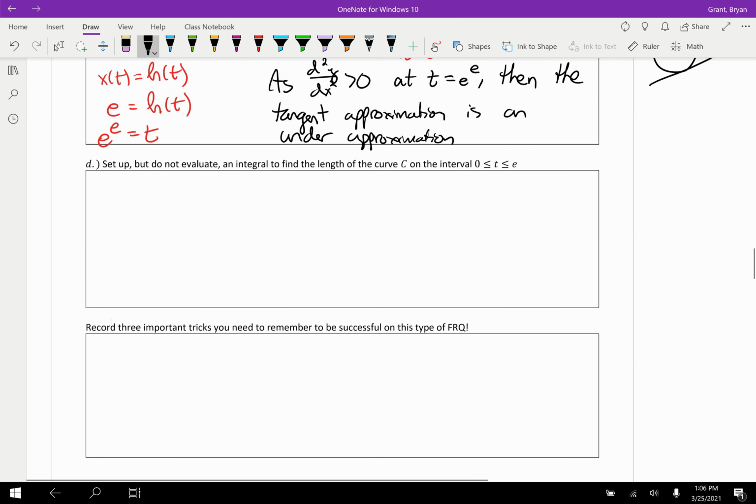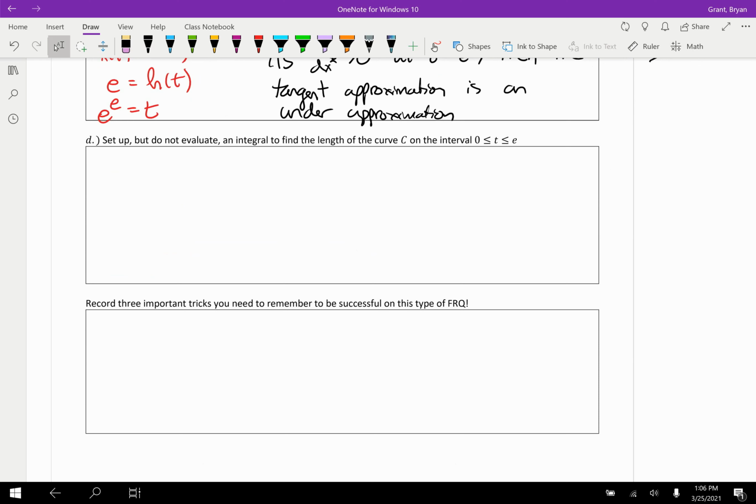Set up but do not evaluate an integral to find the length of the curve from 0 to e. Well, we've done this before, haven't we? The integral from 0 to e. The length of the curve, that's just, I think, a way to find the total distance, right? The square root of x prime of t squared plus y prime of t squared dt.